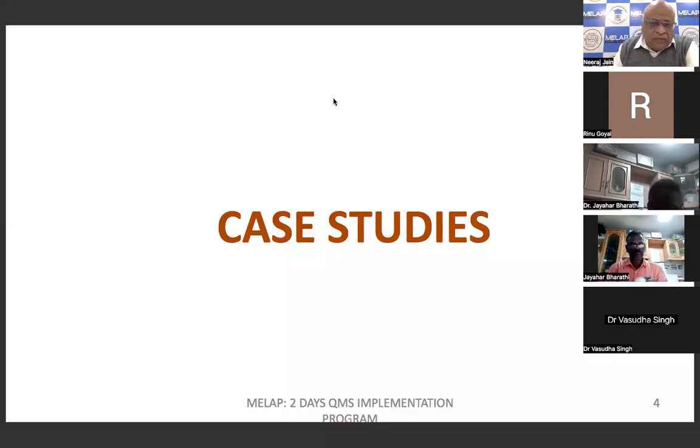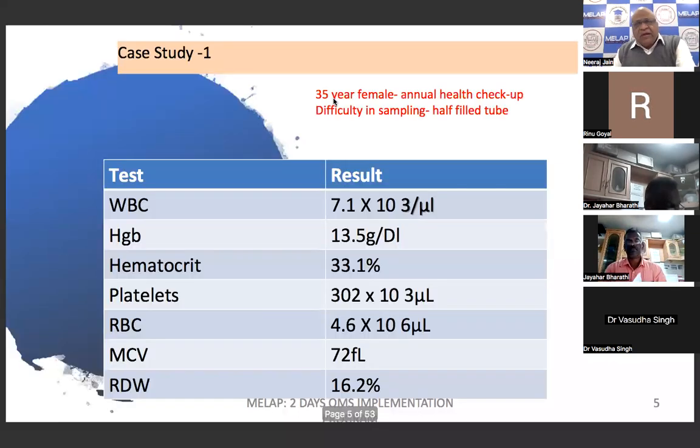Although many of you are working in accredited laboratories, this information is still useful. Now, look at this scenario. A 35-year-old female came for a routine annual health checkup. There were difficulties in sampling, which we all face, and in a 2 ml EDTA tube, 1 ml blood was collected.